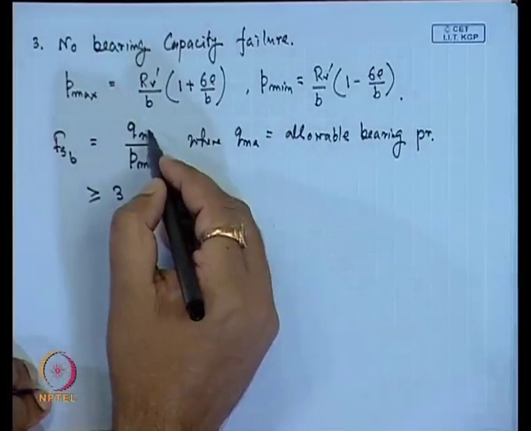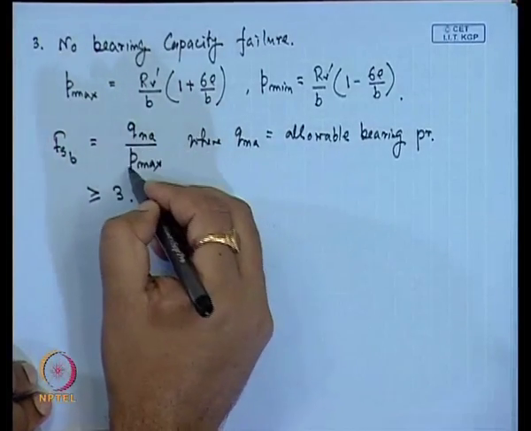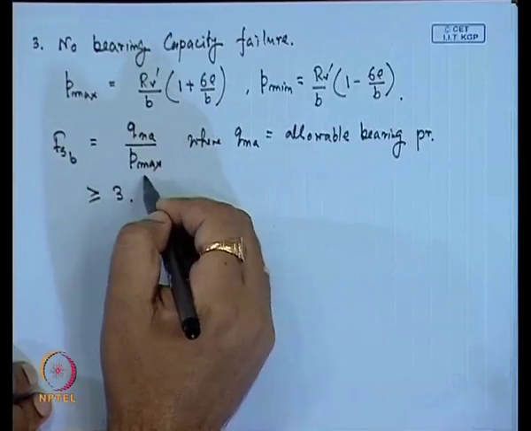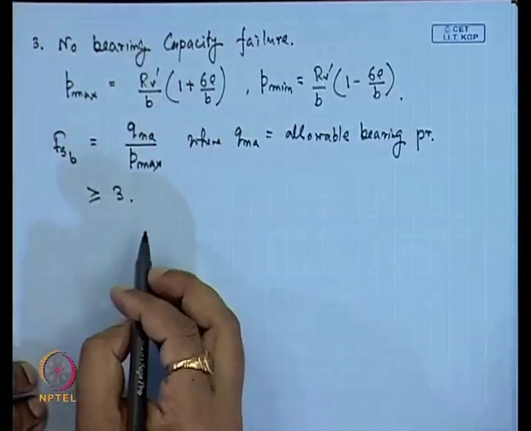That means the soil pressure that the soil is able to take, divided by P max, will give us this factor of safety.